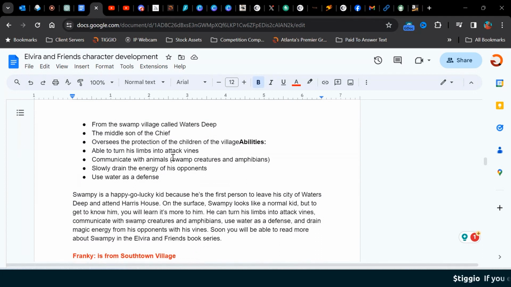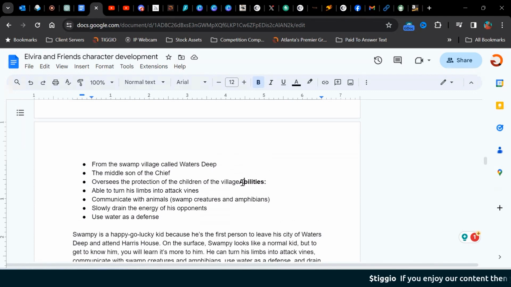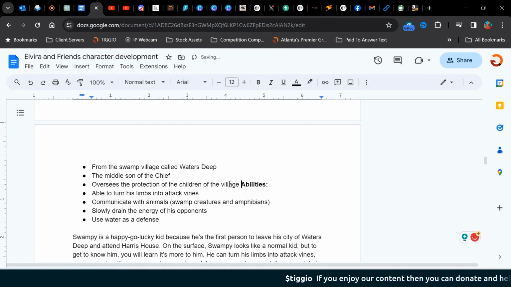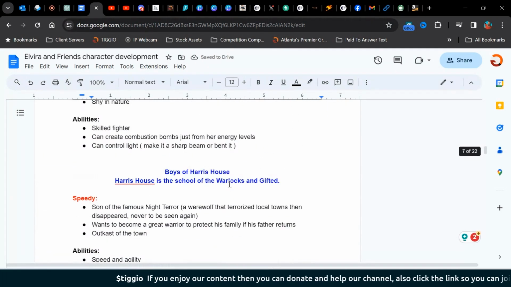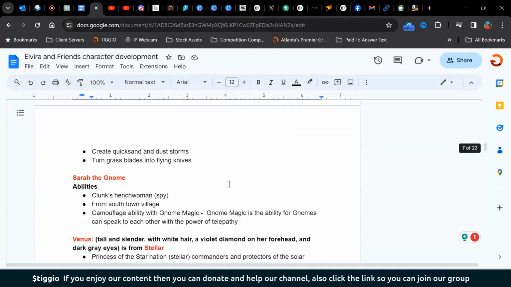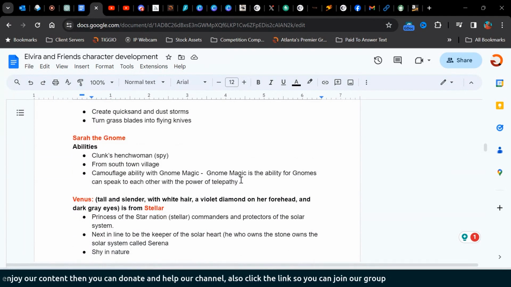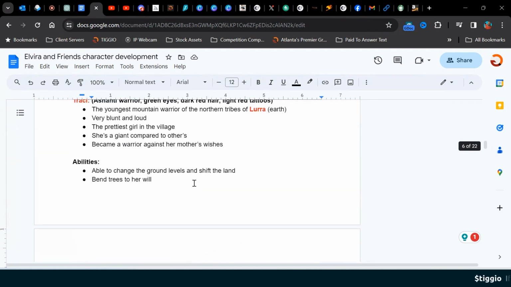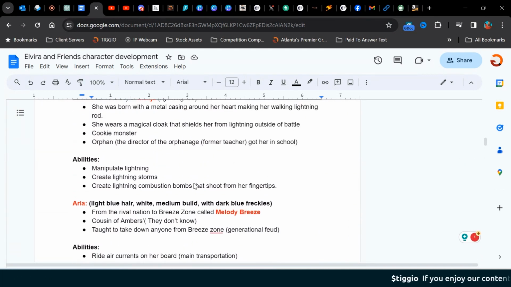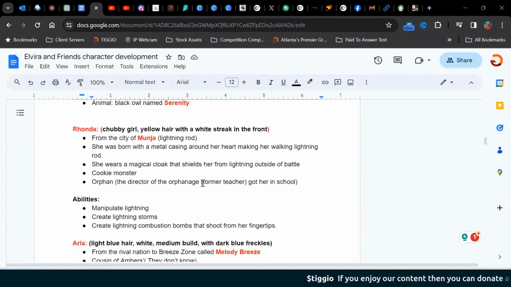Also, do I want to add this character too? I don't think so. All right, so let's just keep going because there's a couple of people that I want to add. All right, so gnome magic is the ability for gnomes to speak to each other with the power of telepathy. So every gnome that appears in this book, that's what it's going to be.